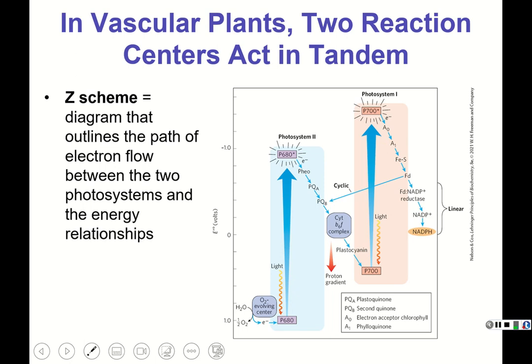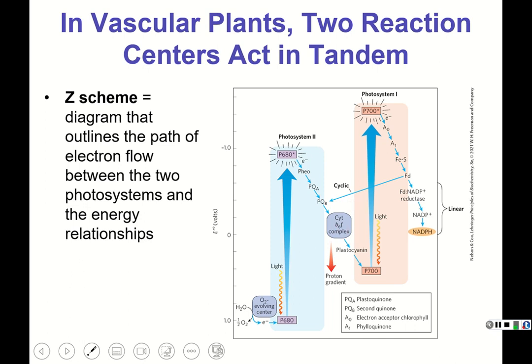Those are plastoquinones. Okay? Those are very similar to ubiquinone. They kind of have the same function as ubiquinone in the electron transport chain in mitochondria. Okay, so there are electron carriers mobile in the membrane that bring those electrons to, in this case, what's called the cytochrome b6f complex. You can kind of think of that as being very similar to complex 3 in the mitochondrial electron transport chain.